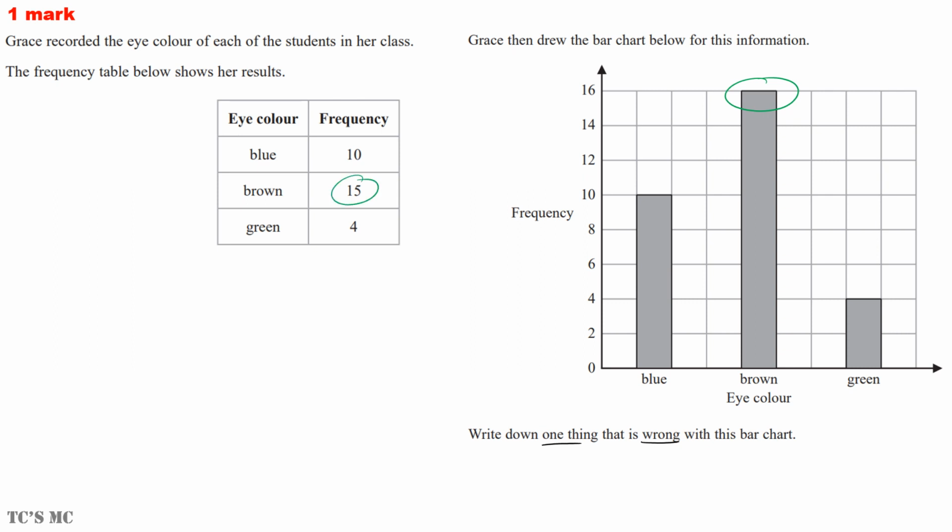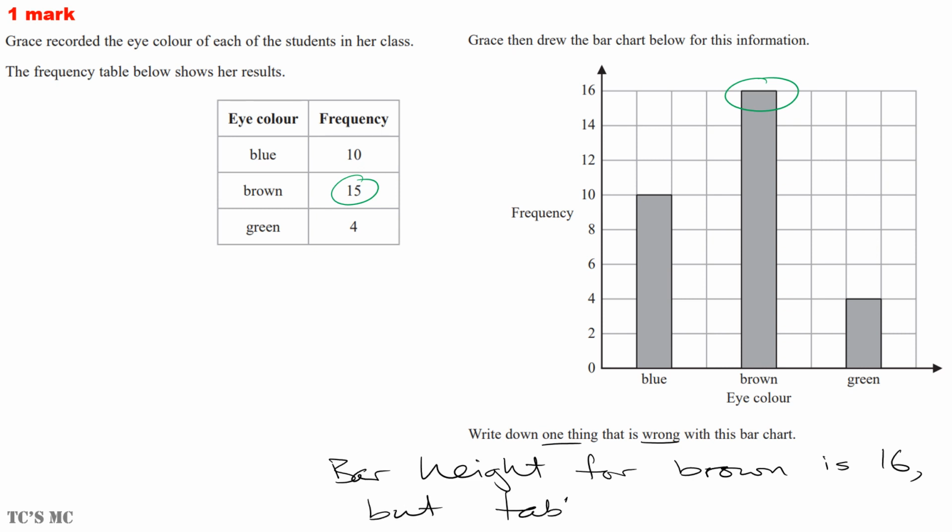So we can say bar height for brown is 16, but table says 15. Remember to always use figures in your answer. And now we have 1 mark.